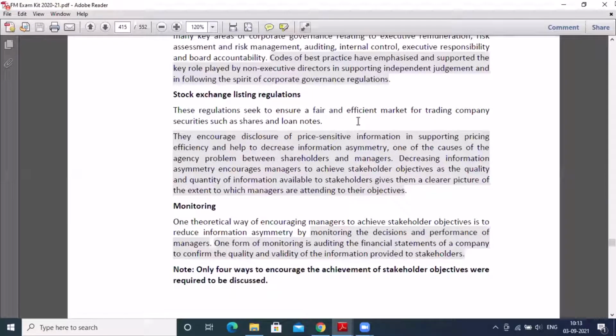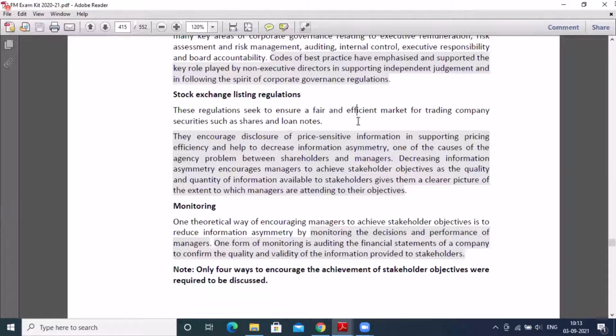There are certain rules, regulations and requirements which are to be followed in order to list your company in the stock market. These regulations seek to ensure a fair and efficient market for trading company securities. They encourage the disclosure of price sensitive information, supporting pricing efficiency and helping to decrease information asymmetry.